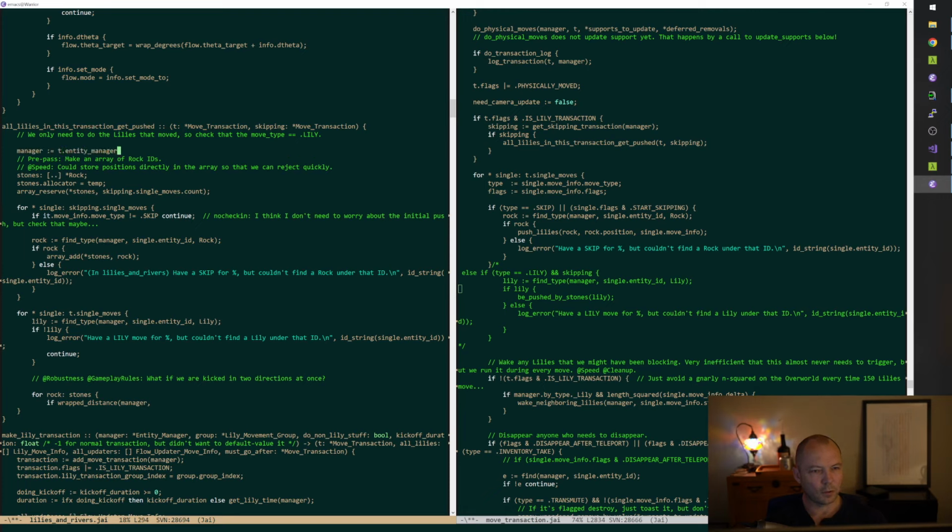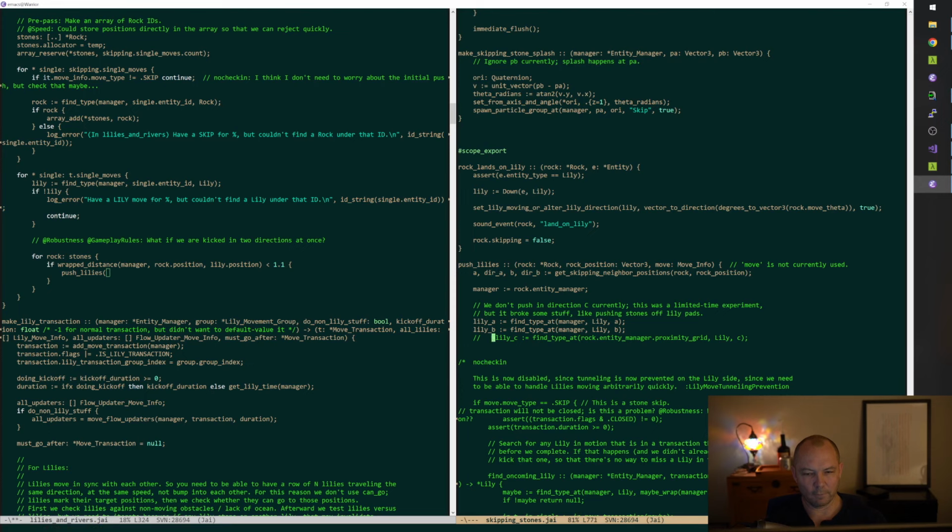And we're going to say for every stone, if the distance between rock.position and lily.position is less than 1.1, which is leaving a little bit of slop, push lilies. Let's go to... we want to be more specific about it.